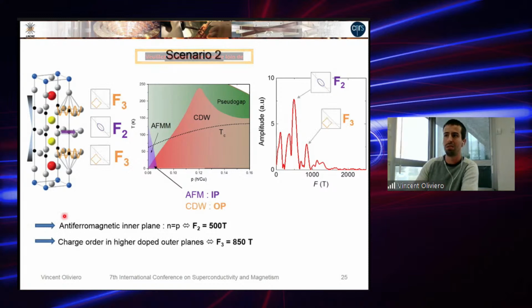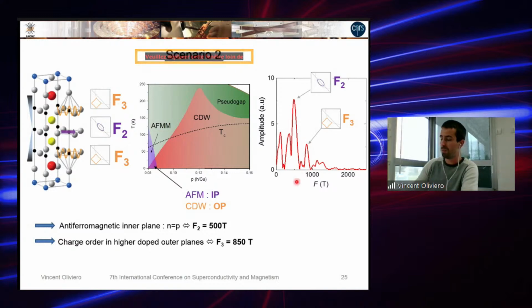On the other hand, we can also think that the outer planes are slightly more doped than the inner planes. So they are outside the antiferromagnetic order, but present in a charge order phase. And charge order, I remind you, has been measured by Raman spectroscopy. In this situation, in analogy with Mercury 1 plane, what you expect to measure is a frequency around 850 Tesla, which is our frequency F3.